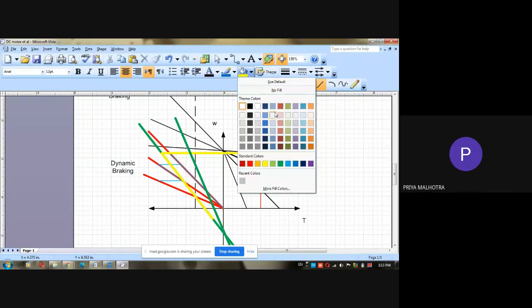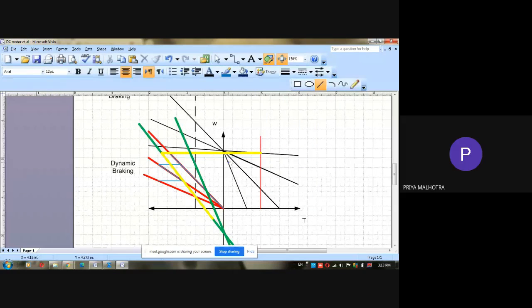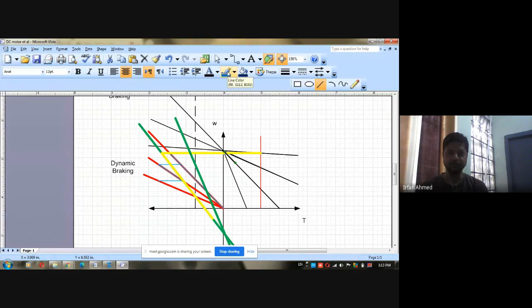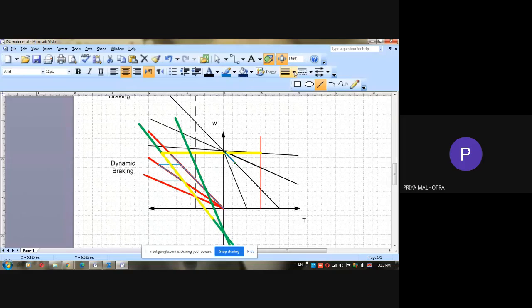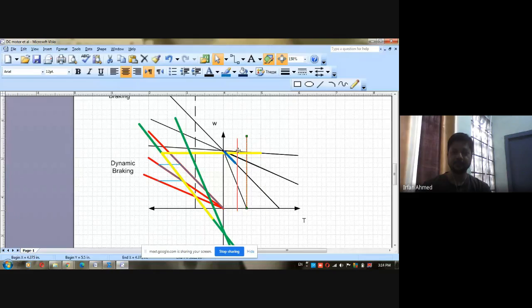Without changing the supply. So the answer is, if we apply some force like gravitational force, suppose this is the value of load torque and we are operating this motor.